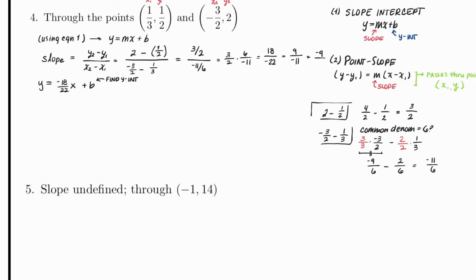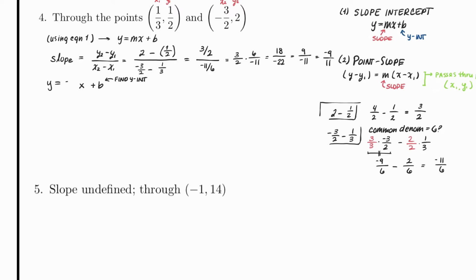So this is the same as -9 over 11, and I'll replace that here. To find the y-intercept, I just need to plug in one of my points. I'll use the first one. I get 1/2 equals -9/11 times 1/3 plus b, and then I'll solve for b.